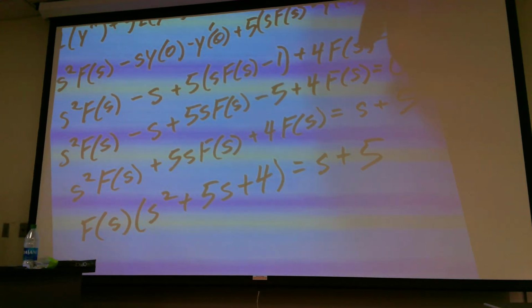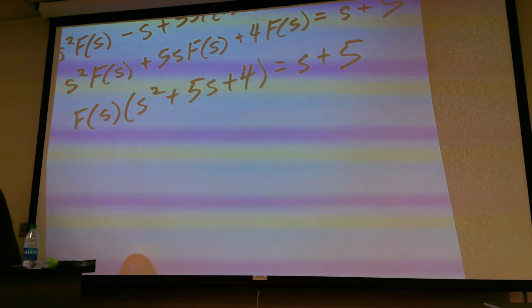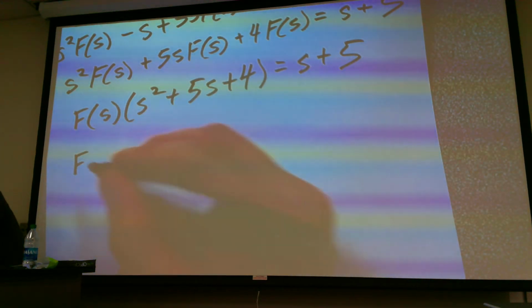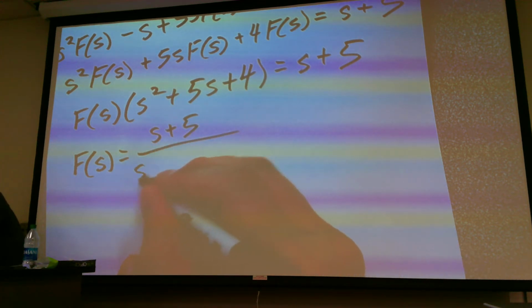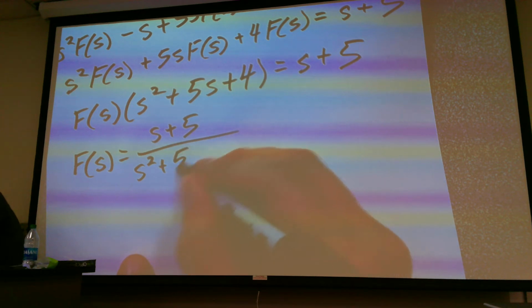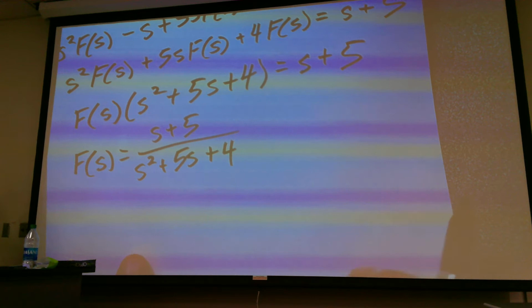So that means that F of s is going to equal s plus 5 divided by s squared plus 5s plus 4. Okay? And we can factor that bottom.